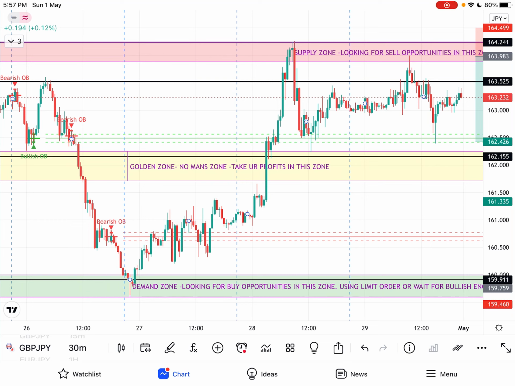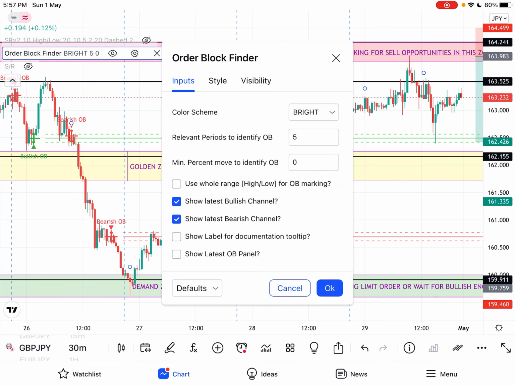Okay, so when we add it to our chart, it shows us where the order blocks are. Bearish order blocks, bullish order blocks. And then we know that this is what we are dealing with. At first, when you add it to your chart, it's going to come to the settings, and the color scheme will be on dark colors. You want to change it to bright colors.